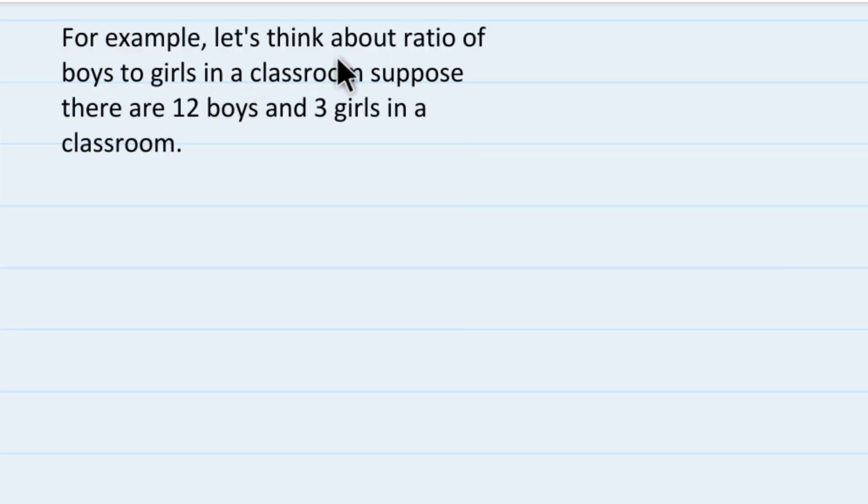Let's think about the ratio of boys to girls in a classroom. Suppose there are 12 boys and 3 girls in a classroom. So we are looking for the ratio of boys to girls.